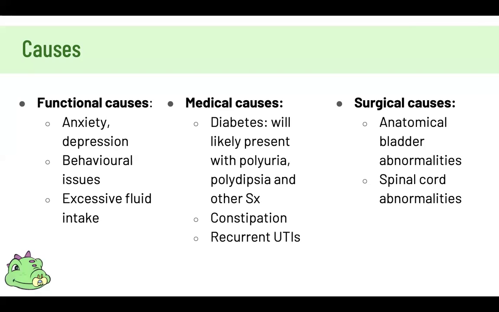Recurrent UTIs can damage some of the anatomy as well and lead to issues with continence. Surgical causes would be mainly anatomical things, so any anatomical bladder abnormality, but also any spinal cord abnormality, like an abscess or a lesion somewhere in the spinal cord.